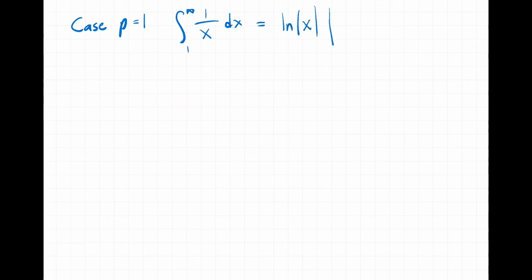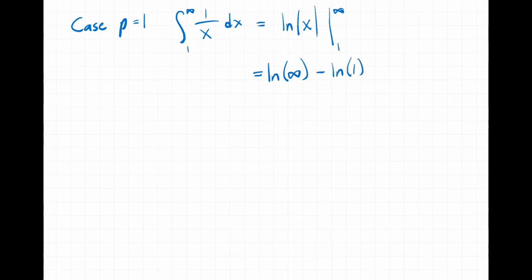So let's break this down. We had the case where p was equal to exactly 1. Then the integral from 1 to infinity of 1 over x to the 1 dx is equal to the natural log of the absolute value of x going from 1 to infinity. Now this is going to give us the natural log of infinity, essentially, minus the natural log of 1.